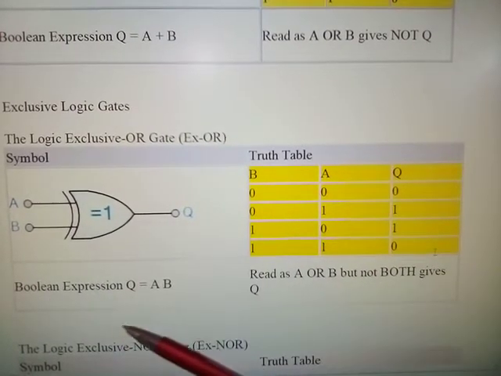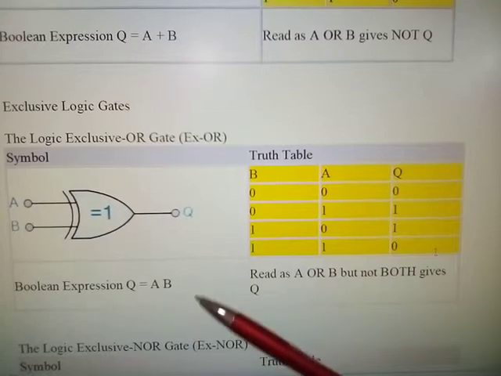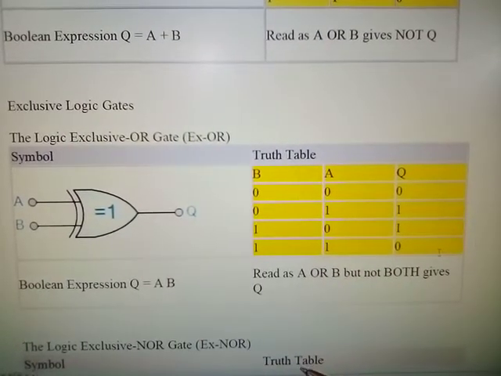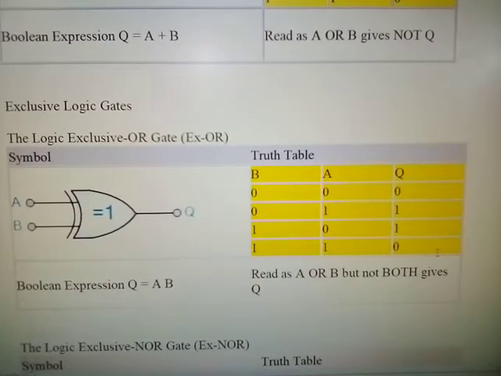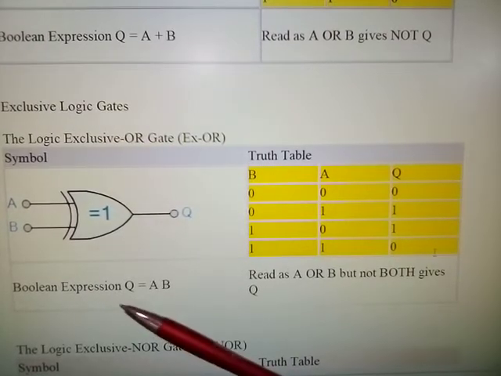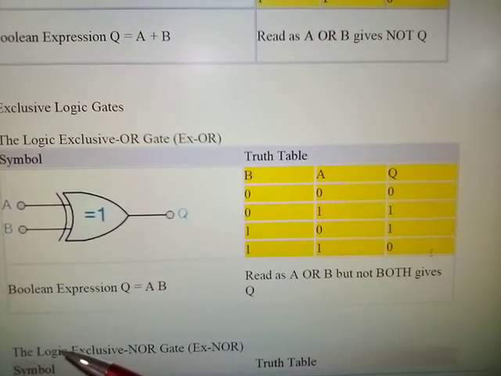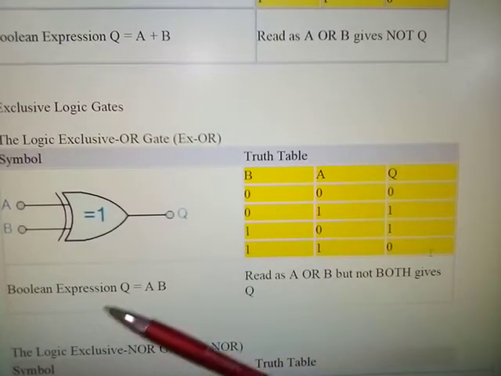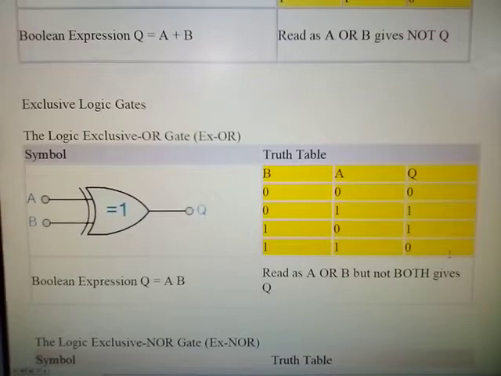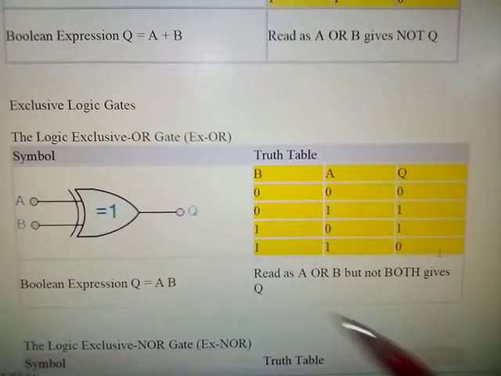Now the Boolean expression here is Q equals A, B. Now it's okay, I'm just pausing a little bit because when I did some expressions the other day, there should be a bar that I'm thinking of, but don't let me confuse you. We'll just deal with it as it stands at this moment in time.